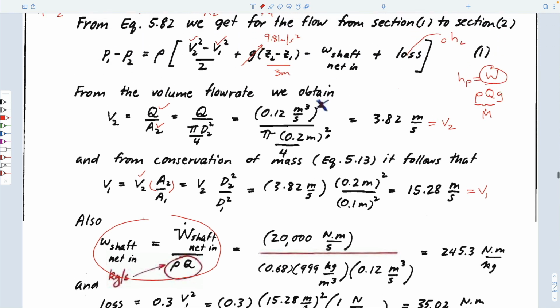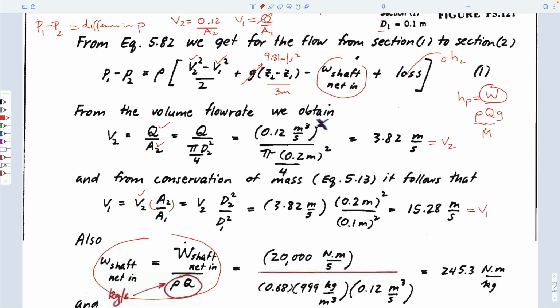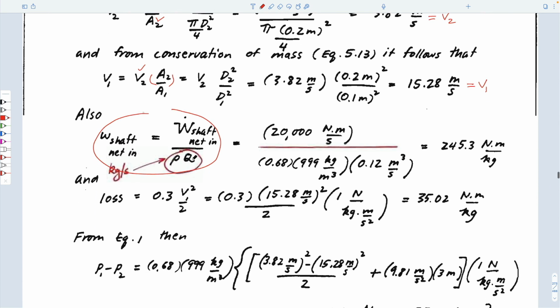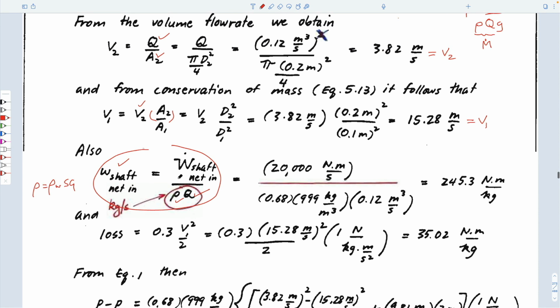And it's to get this term, which is here. And so we have this because we know what the volumetric flow rate is. We know what the density of the fluid is. The density is just the density of water times 0.68. And so we know what the value of this is because this is 20 times 10 to the 3 watts.